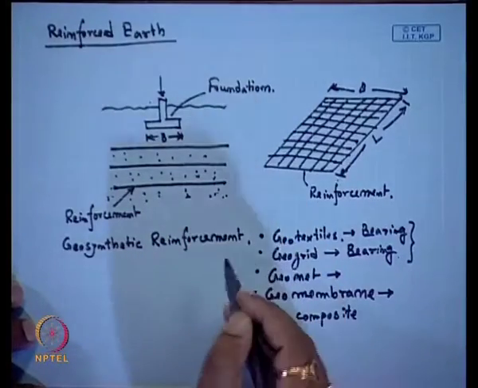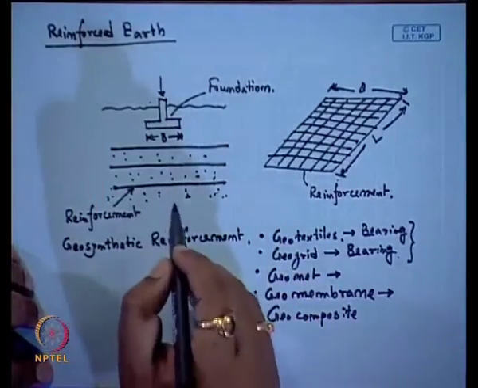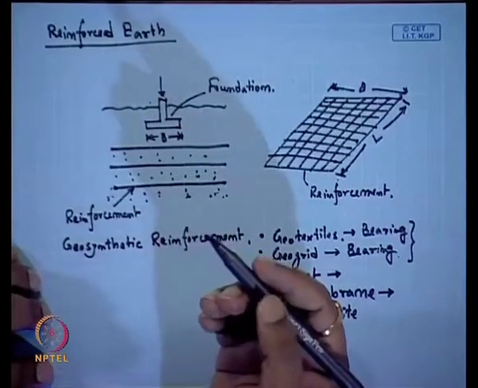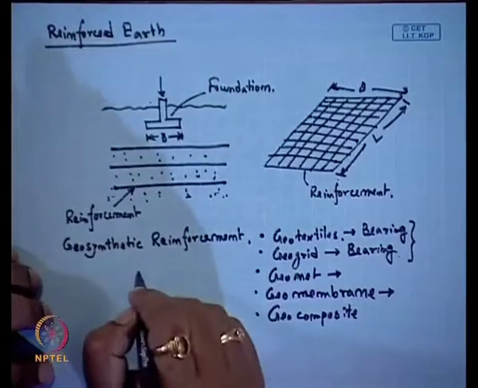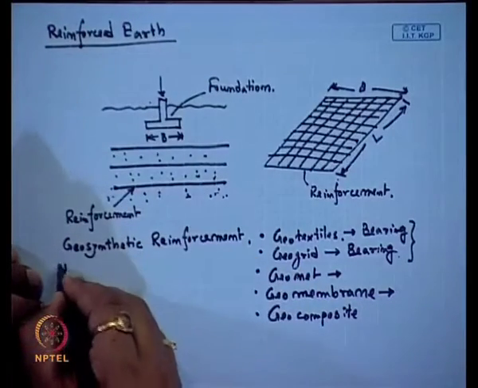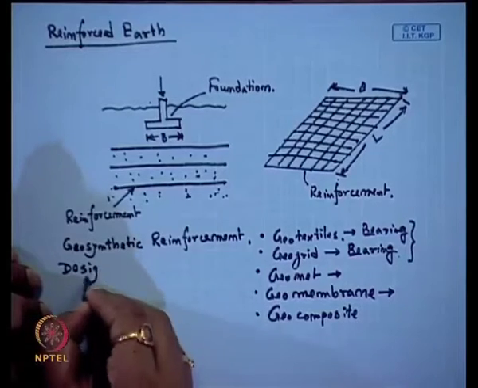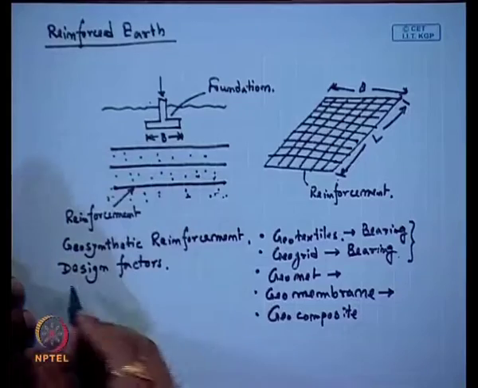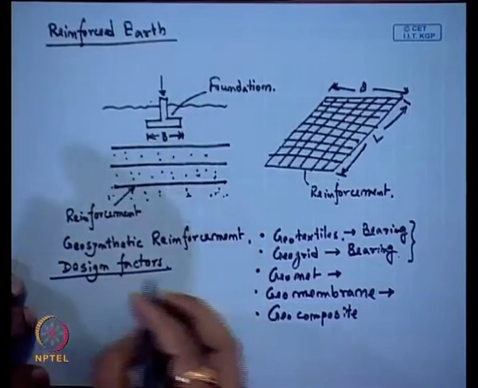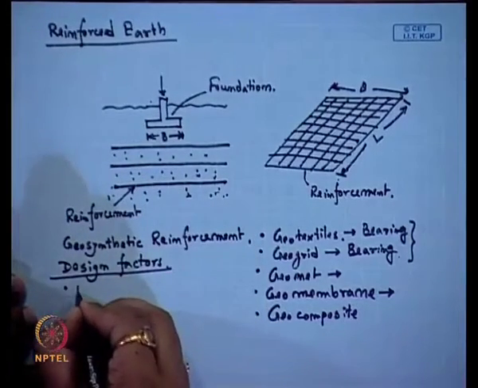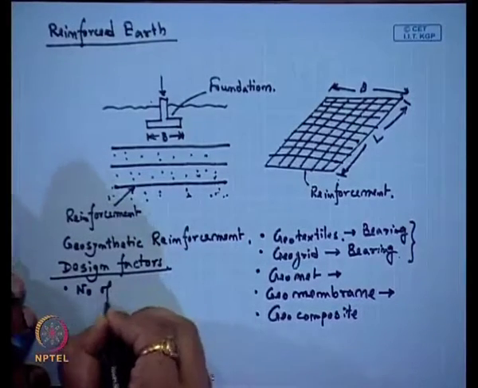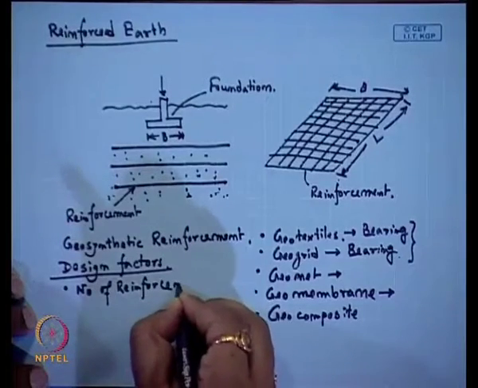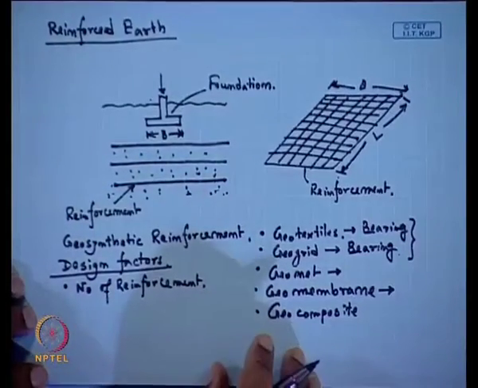So, when you place the geosynthetic within the soil for bearing capacity improvement, what are the design factors? That is very important. The first design factor is the number of reinforcement layers.